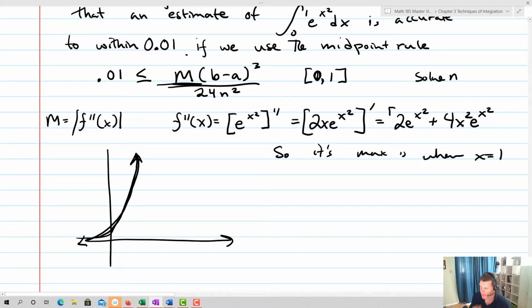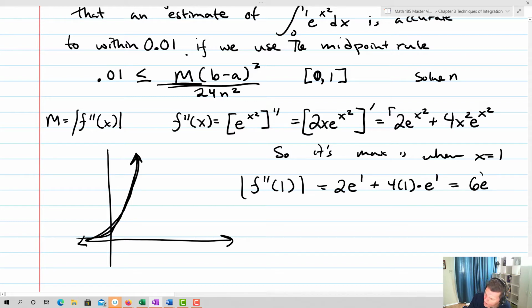So we'll just plug that in. f double prime of 1 in absolute value is going to equal 2 times e to the 1 plus 4 times 1 times e to the 1, which is 6e. And that's going to be our maximum value.